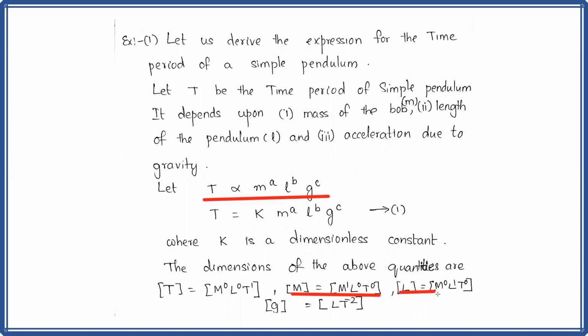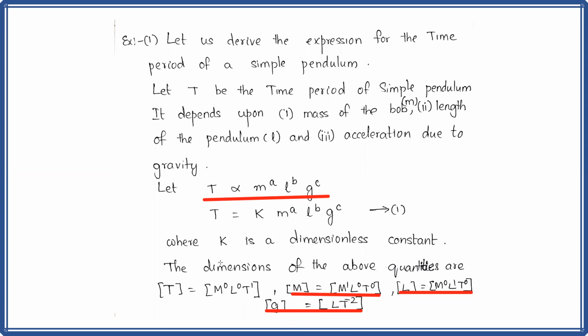You all know that for the length, mass to the power of 0, length to the power of 1, and time to the power of 0. And the third quantity on which it depends is g, acceleration due to gravity. So for that, you write the dimensions. You all know it, LT to the power of minus 2.